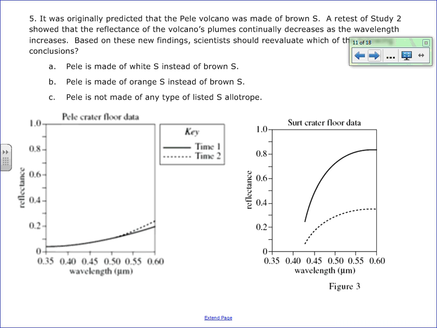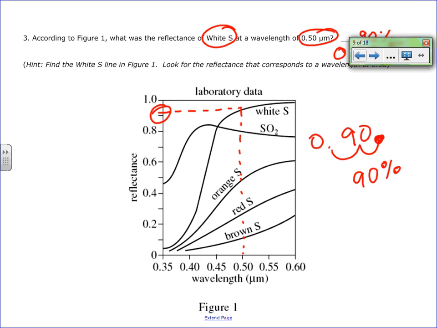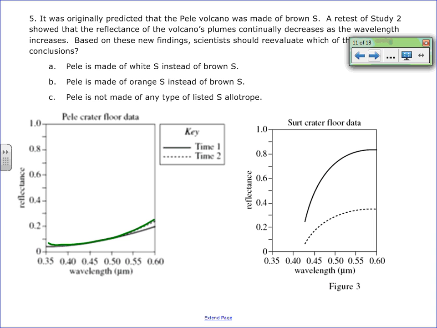Good. All right, so if we took a look over here, we noticed that the Pele line has this sort of gentle curve to it. If we look back at this, you'll notice that brown S has almost exactly the same curve. It ends at almost exactly the same point and starts at almost exactly the same point. So the original hypothesis was that it was made entirely of brown S because the lines are so similar.